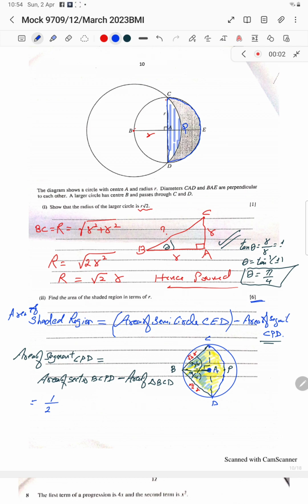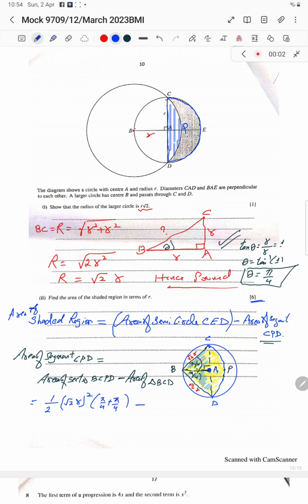So I will use this half r square theta. So half times square root 2 r squared, and theta was pi by 4 plus pi by 4 as this whole angle, minus the area of triangle BCD.